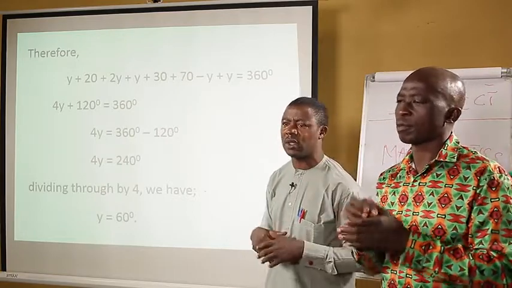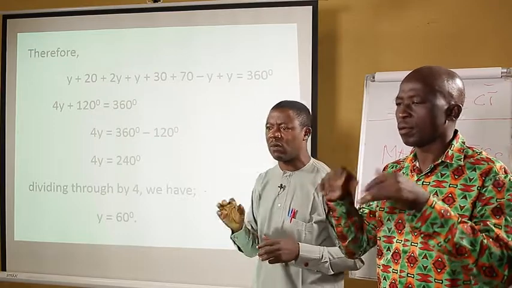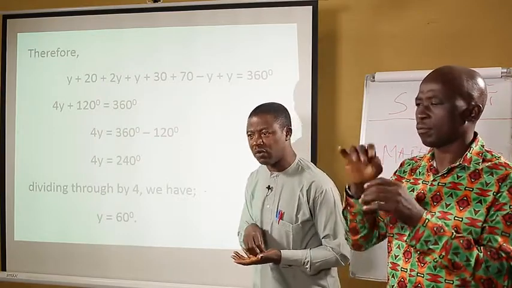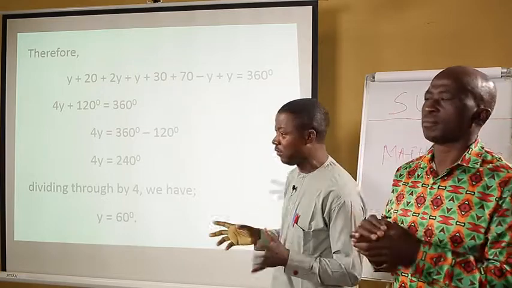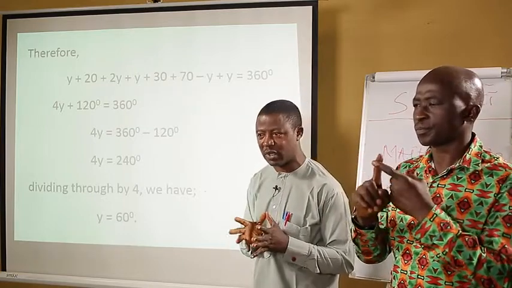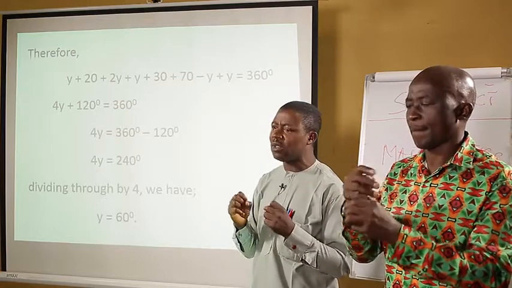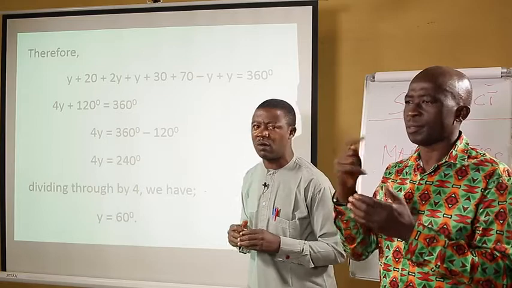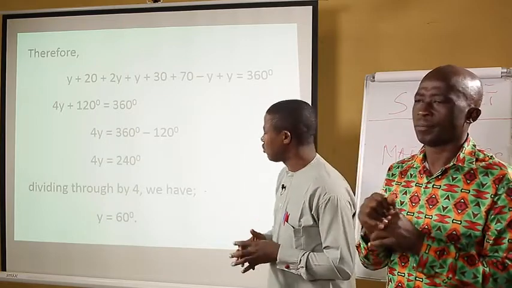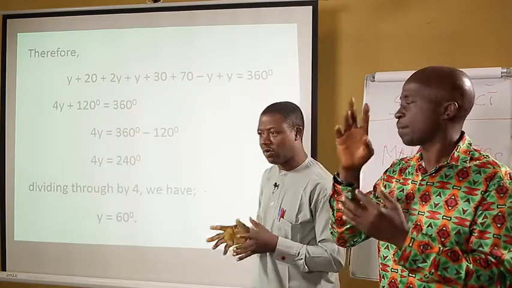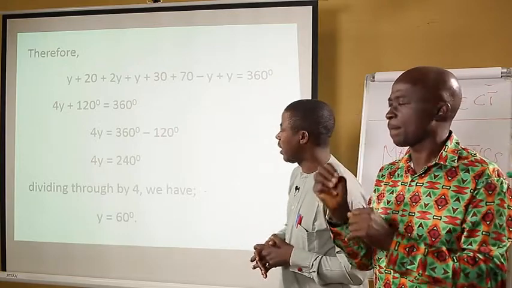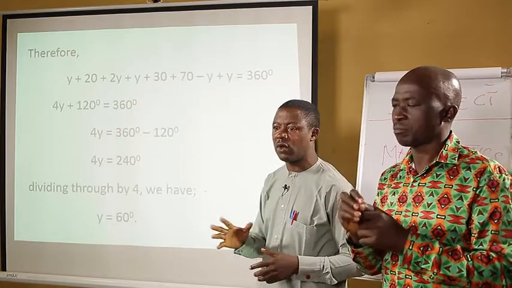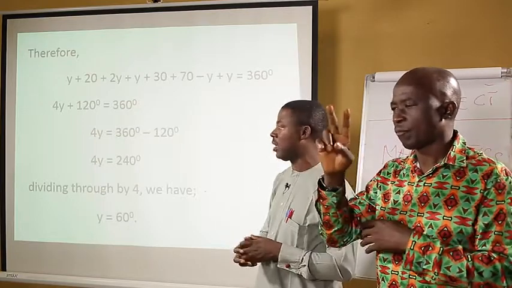Now, how do we find the value of y? The coefficient of y here is 4, and the coefficient of a term is the number that multiplies the term. So we divide through by the coefficient of y. Dividing through by 4, we have 4y equals 240. 4 divides 4, 1, so you are left with y.